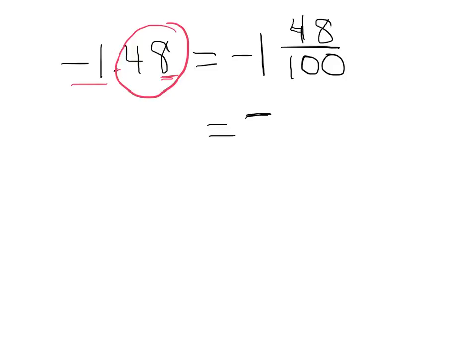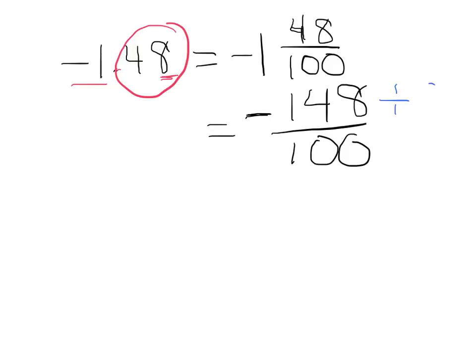So I'm going to have my negative, and then I have my 148 over 100. And both these numbers are divisible by, not 5. Since that's an 8, they're both going to be divisible by 4. Because I know 100 divided by 4 is 25, so my denominator is going to become 25.